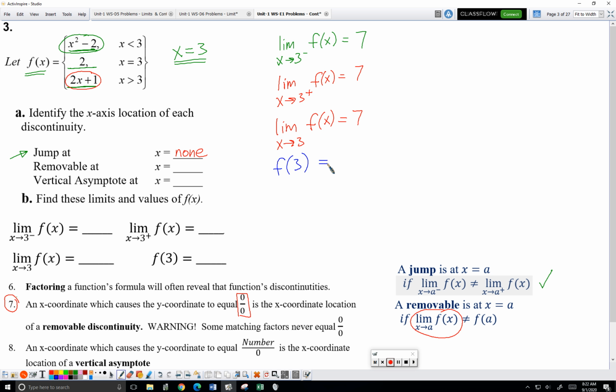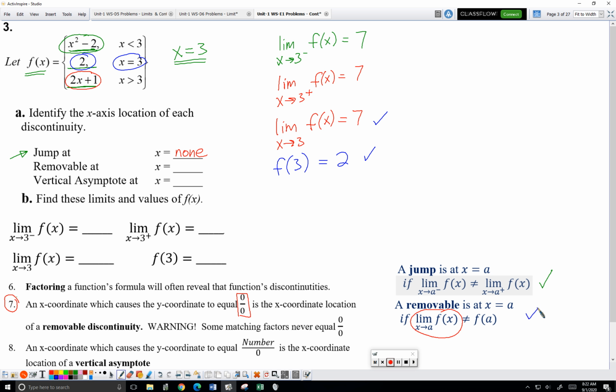So hands up, who knows that? What's f of 3? Okay, don't ever pay yourself if you're not raising your hand. That's how you tell how we're doing. So let's go, Zarin. 2. So when x is exactly 3, I have to use this formula. So this is 2. And sure enough, the overall limit right here is not matching the value of the function, that's a removable discontinuity.